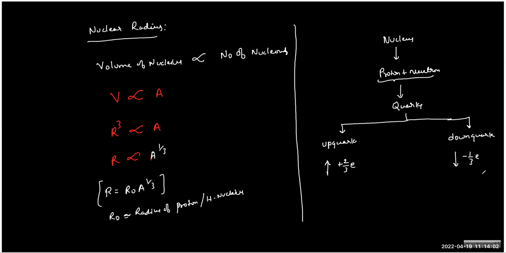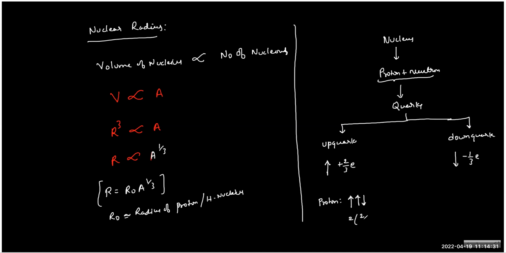It is the charge on the quarks which is most fundamental. But up to JEE level, we will consider the electron charge to be the smallest charge unit. A proton is made of two up quarks and one down quark, and if you add all the charges, you will get the answer.